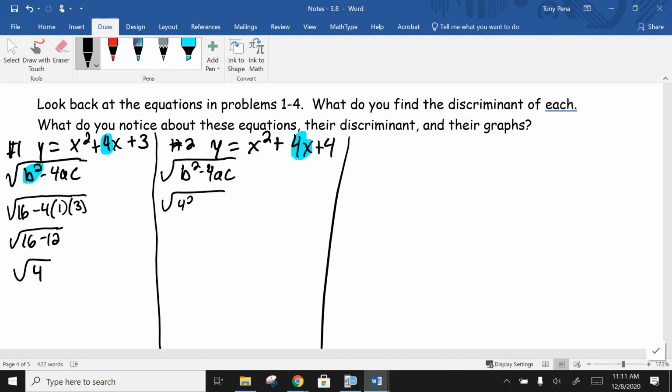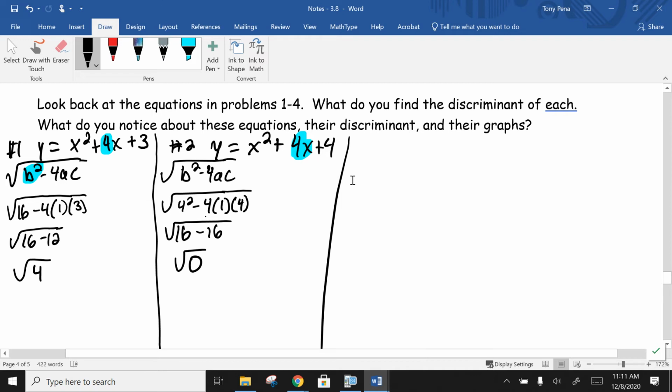So that's going to be 4 squared minus 4 times a times c. We better get a 0 out of this. If we only get one solution, that means our discriminant has a value of 0. So 4 squared is 16. If I do 4 times 4, that's another 16. I'm going to subtract those. Notice how we get a 0 right here.